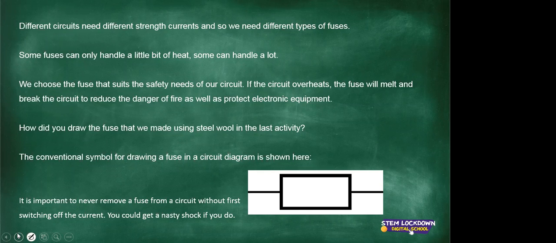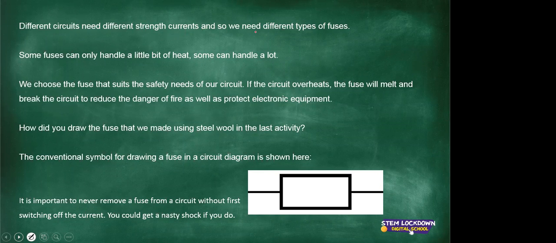Even though you may have switched the hair dryer off, it's still flowing from your wall socket into the hair dryer. If your wall socket is not off, the current is still flowing through. So never just pull a plug off. I'm repeating that. Always make sure you put the switch off and then you pull the plug off.